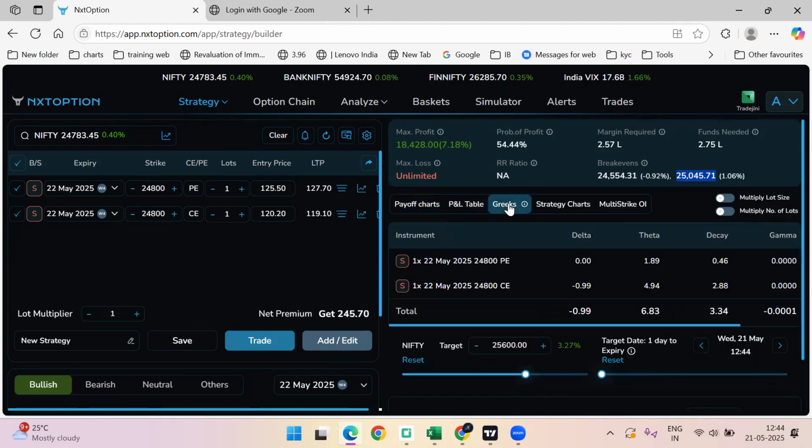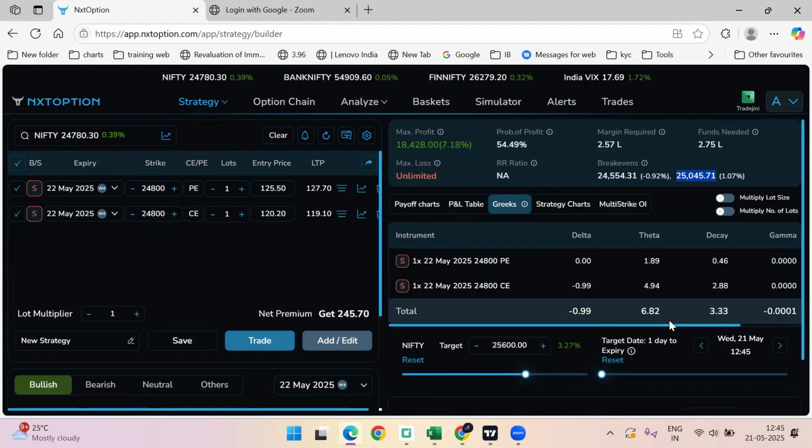Then, what if there is no change in the market and you want to square off your position early tomorrow morning? Then you can look at the theta number, which tells you what your gain on the strategy would be. As an option writer, you're considering the risk of the market going in either direction, up or down, because you're selling a call and a put.